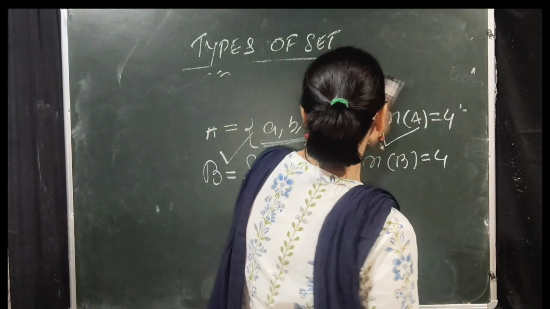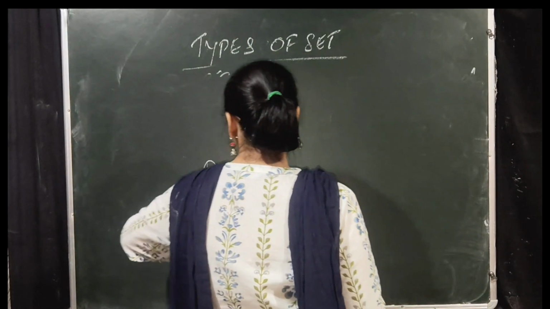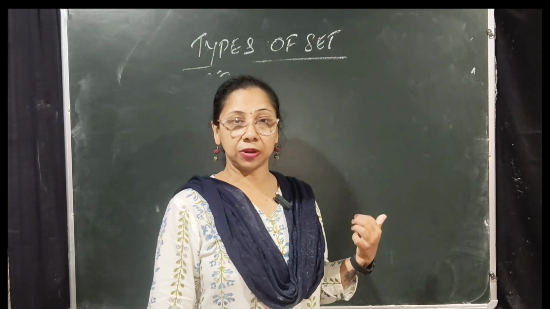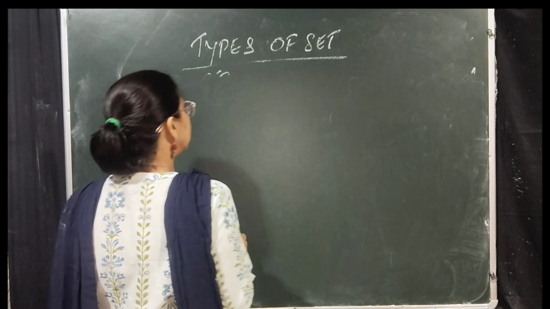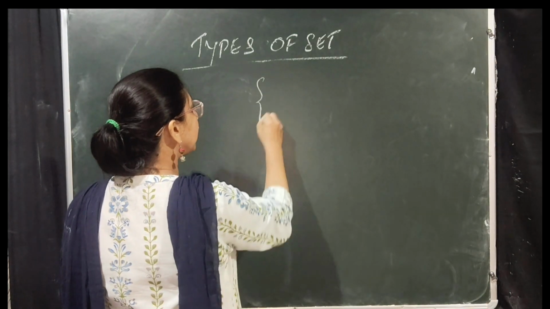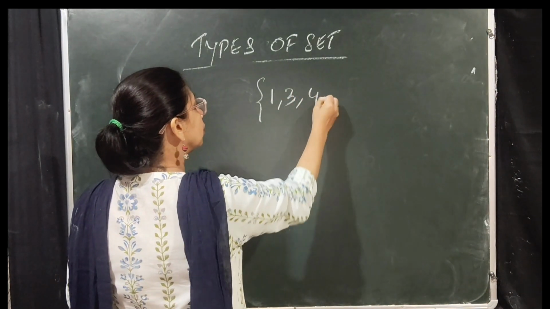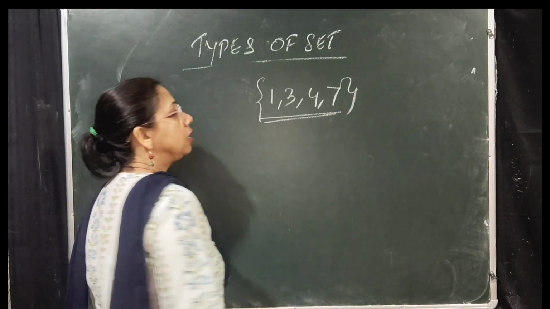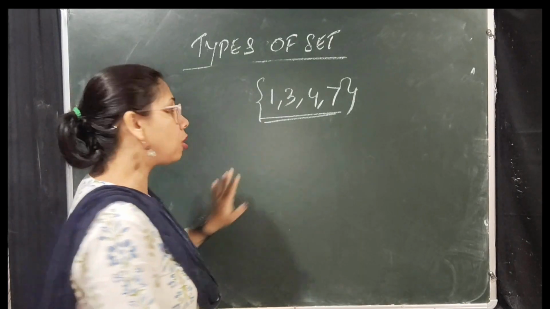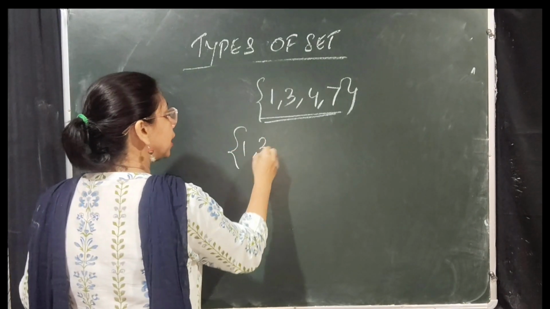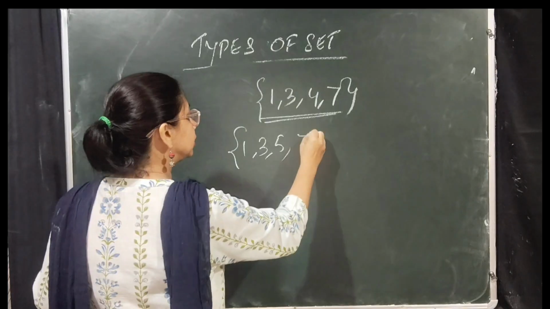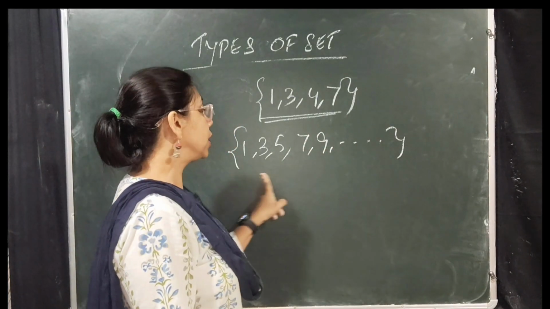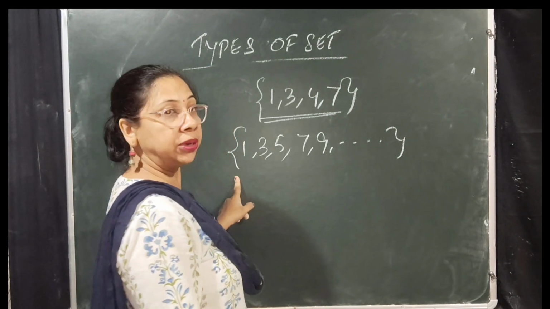Now, before going to finish today's video, let me tell you what we learned in type of sets. In type of sets, we learned that a set can be finite. That means whose elements are limited or countable, or a set cannot be finite. That means they are infinite, whose elements are unlimited.